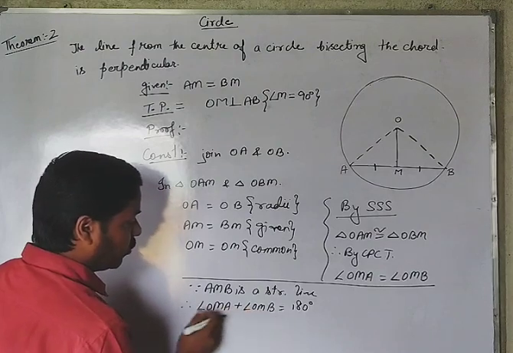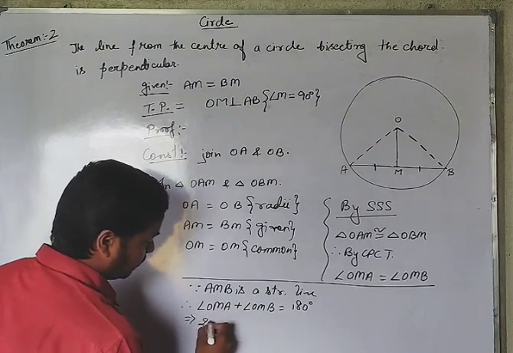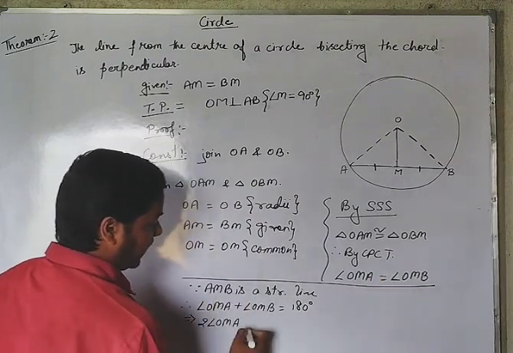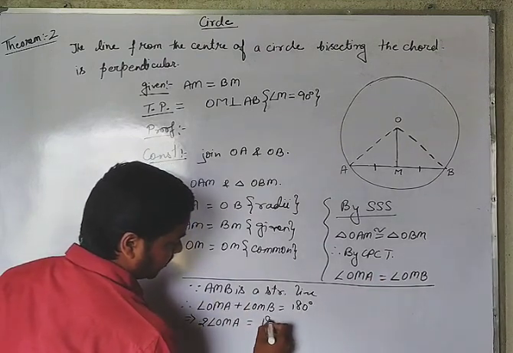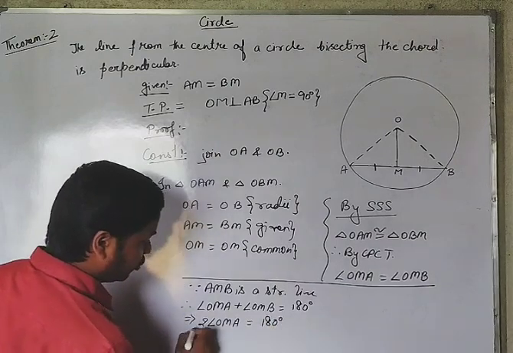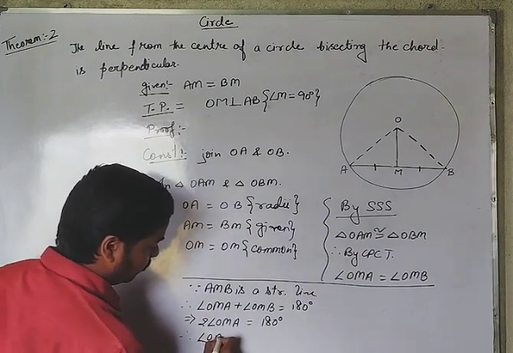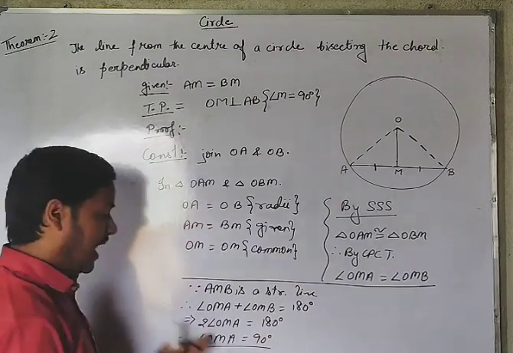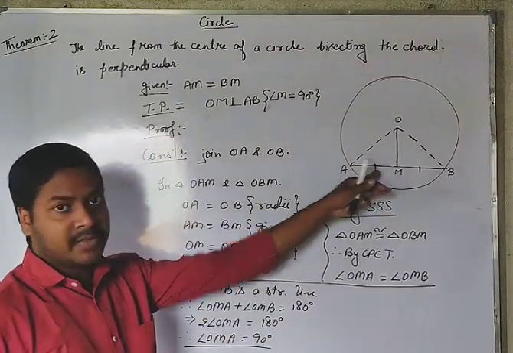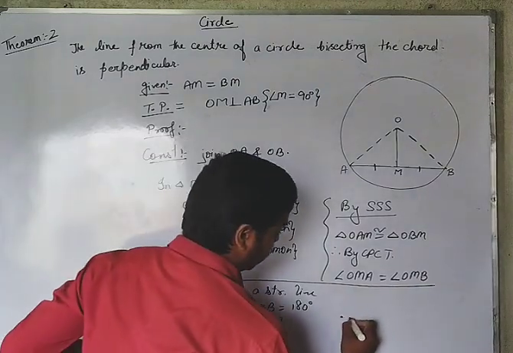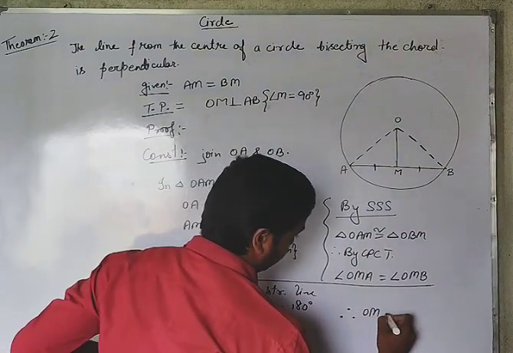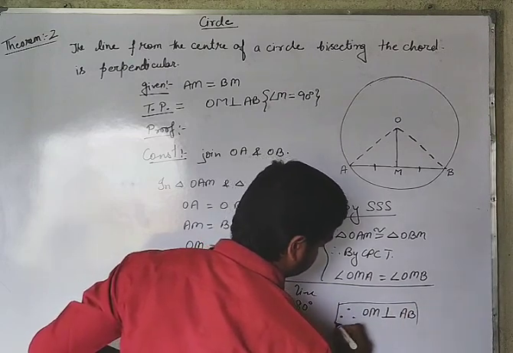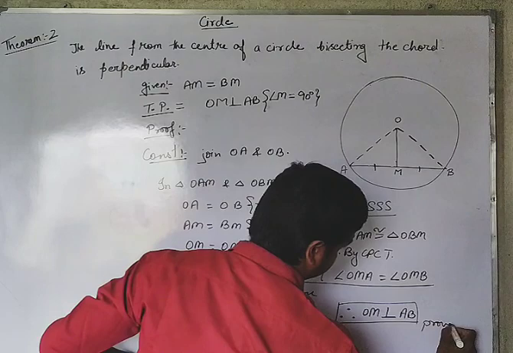Since both are equal, 2 angle OMA is equal to 180 degrees, and 2 will go to that side. This implies angle OMA will be equal to 90 degrees, and if angle M is equal to 90 degrees, therefore OM is perpendicular to AB. Hence this is also proved.